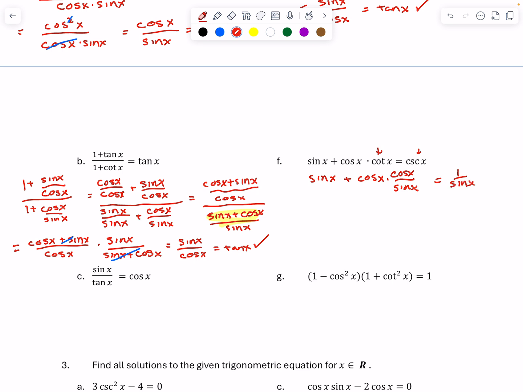Okay. Common denominator is sine, so I'm going to multiply by sine over sine. And I get sine squared. You can probably see where this is going.